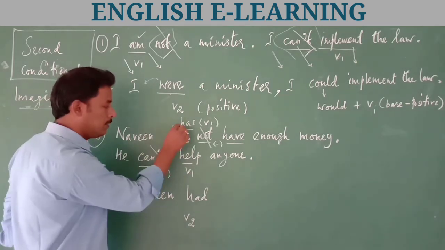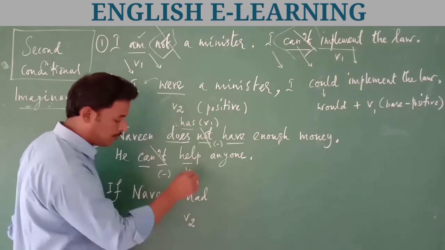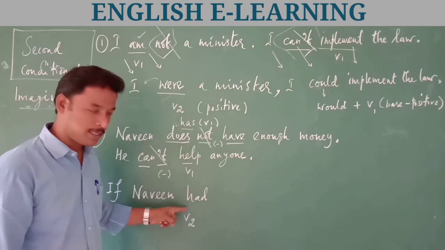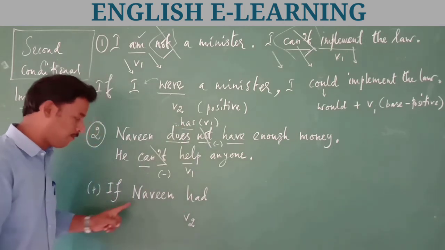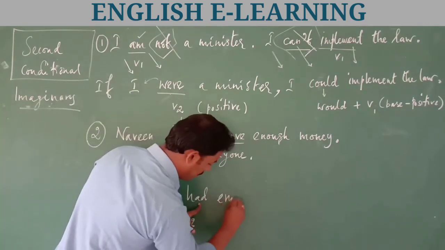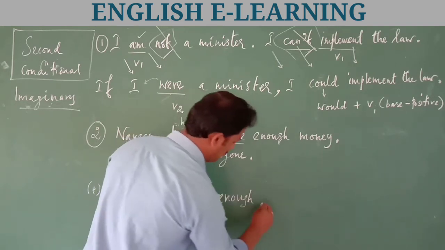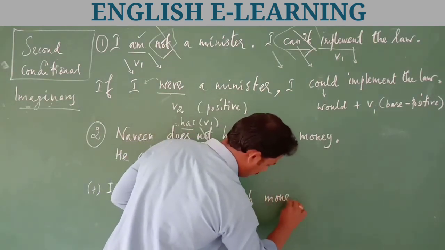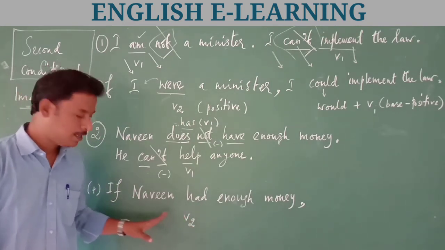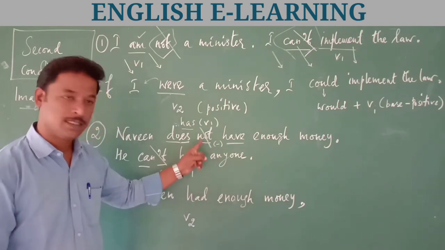So we have to change this present into past. The past form of has is had. So the answer is, if Naveen had enough money. The condition is over here. If Naveen had enough money, we should cancel the negative.